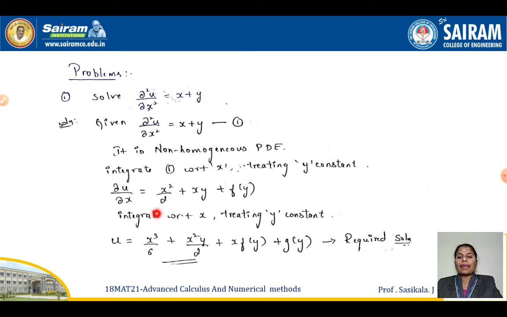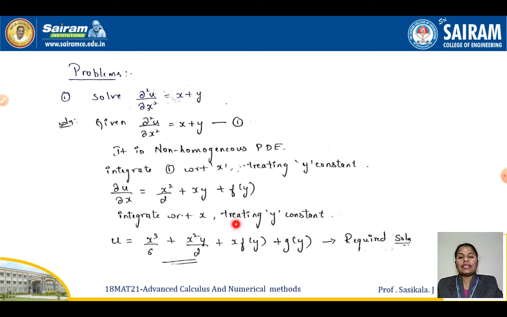Dou by dou x of dou u by dou x, so I get dou u by dou x alone, which is equal to the integration with respect to x. I get x squared by 2 plus y times x, since y is constant and the integration of dx gives x. Then you have to add a constant. Since y is your constant, you add it as an arbitrary function, so I'm adding f of y.